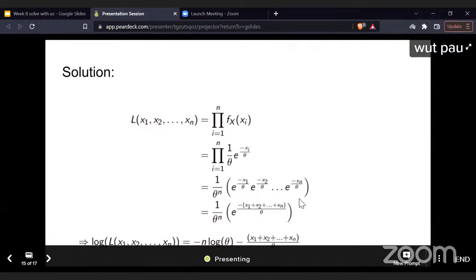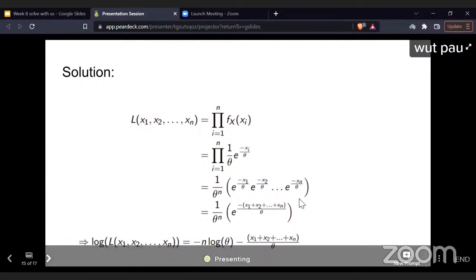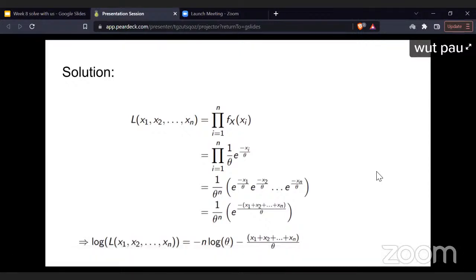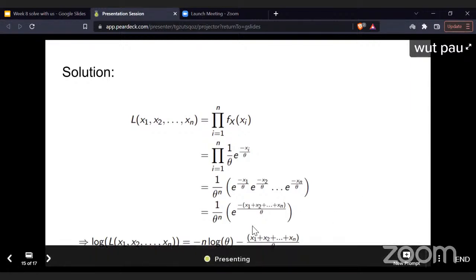After you find the likelihood function, you have to take the log of the likelihood. So overall it comes to be minus n log theta minus (x1 plus x2 plus up to xn) divided by theta.